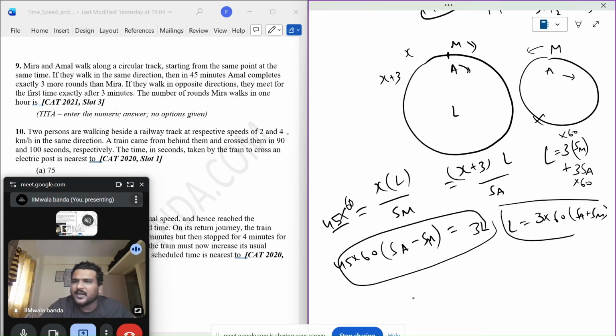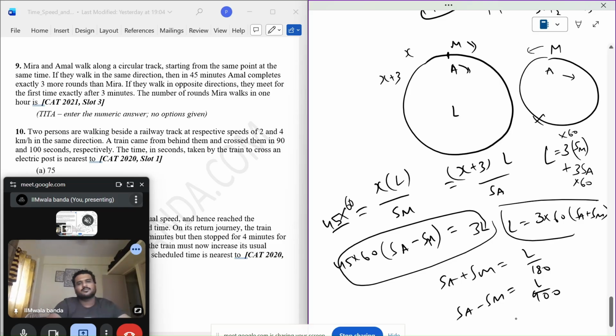I know SA and I know SM now. So SA plus SM is L by 180 and SA minus SM is 3L by 2900. And I need to find M. So I'll eliminate SA.